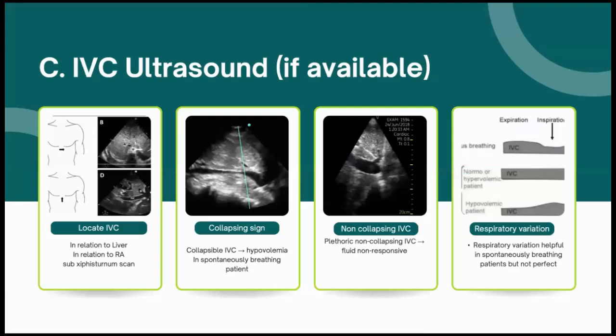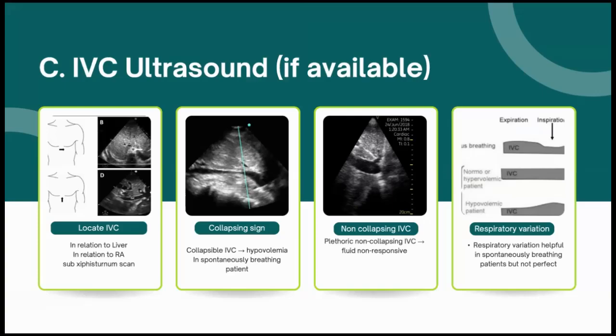Coming to the familiar ones, I think all of you are familiar with IVC assessment now. The location is subxiphisternum, and you can keep the probe horizontal or vertical, and you get the IVC diameters where the hepatic vein is branching and draining into the IVC.